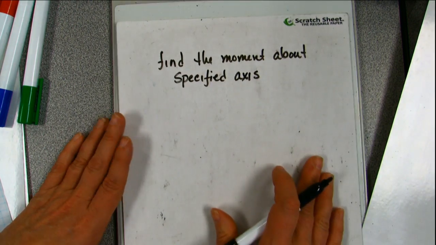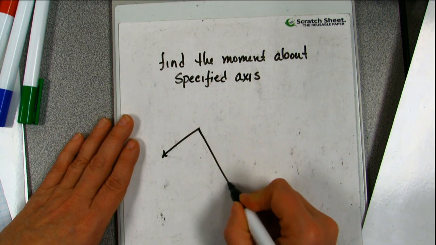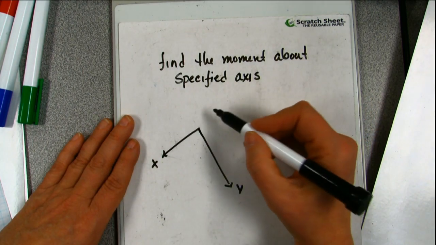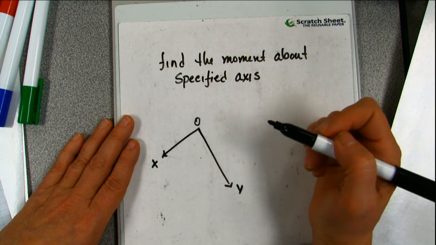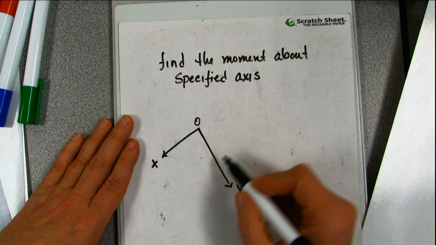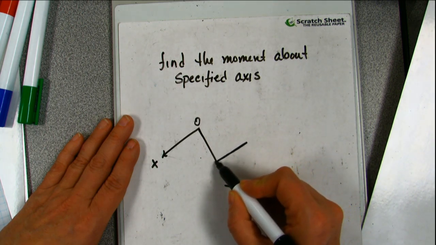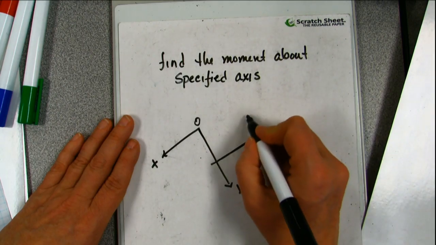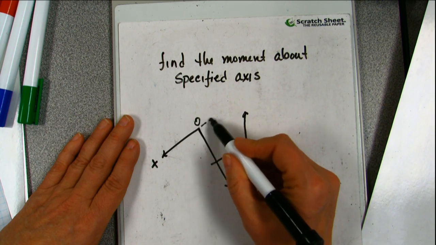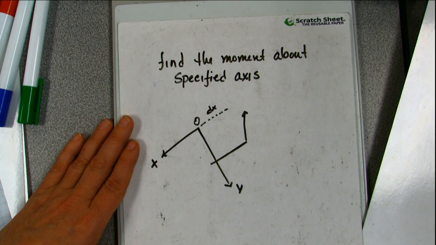So what happens is, if we've got this is x, and this is y, and we're at a point origin there, and I have a lever arm out here somewhere, and I've got my force coming up here, so this is some incremental x.